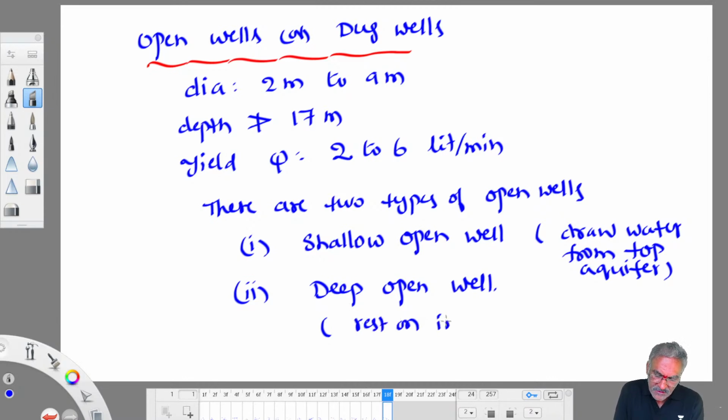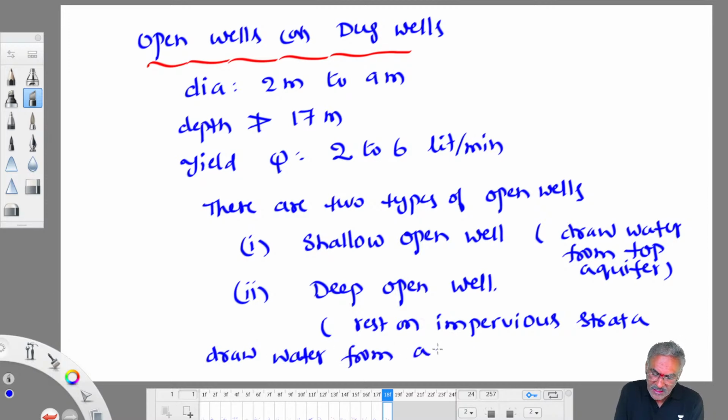In Hindi, people in North India call it the mota layer. Impervious strata means clay strata or rocky strata, something like that. Draws water from the aquifer lying below impervious strata.